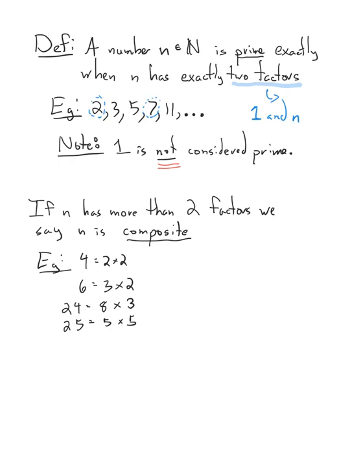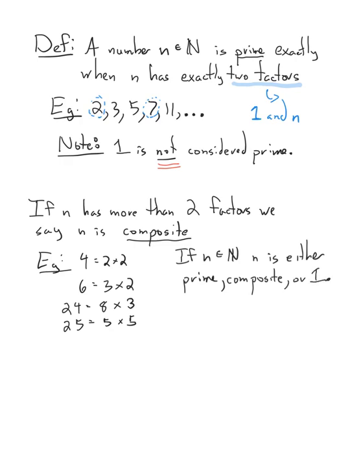which means all counting numbers, or all natural numbers, that's what we're dealing with here, are natural numbers. So we can say that if n is a natural number, n is either prime, that has exactly two factors, composite, if it has more than two factors, or it's the number 1.